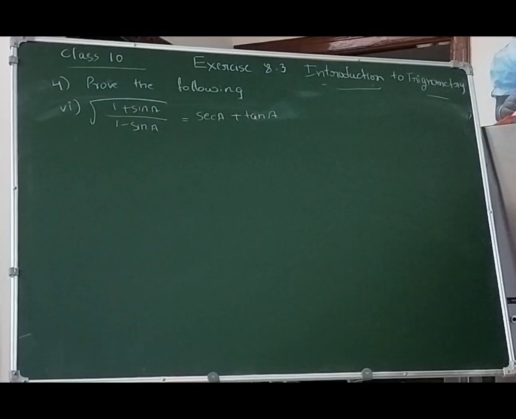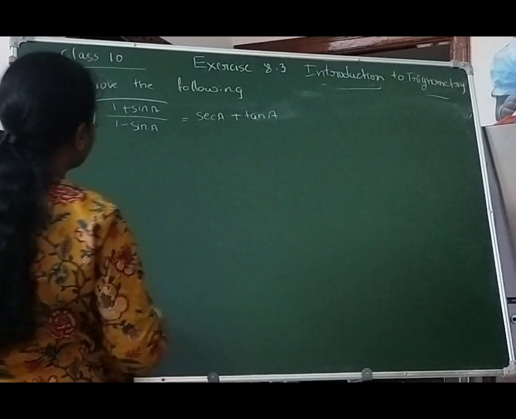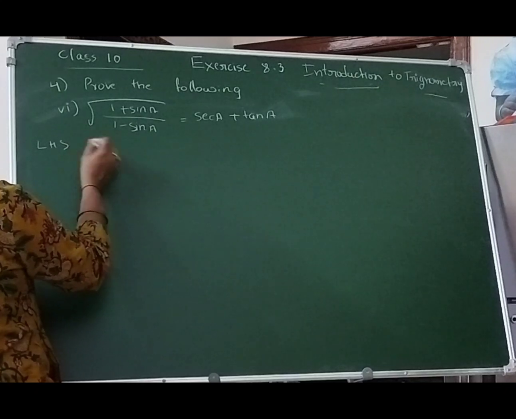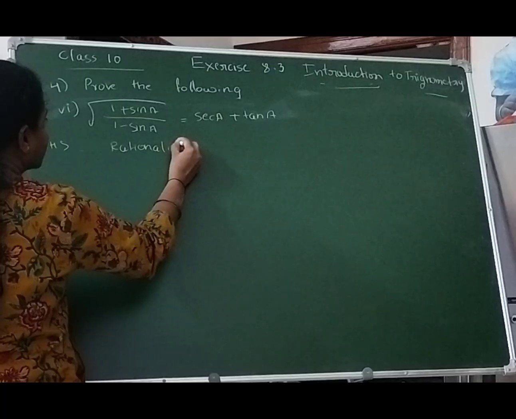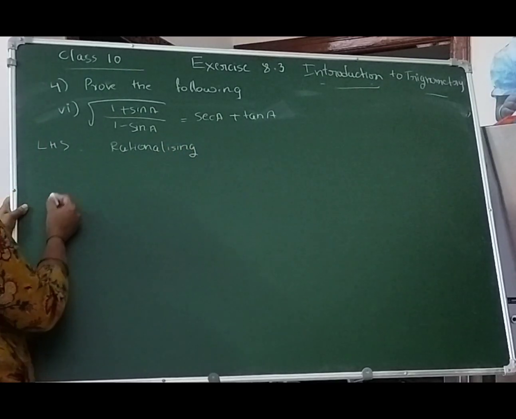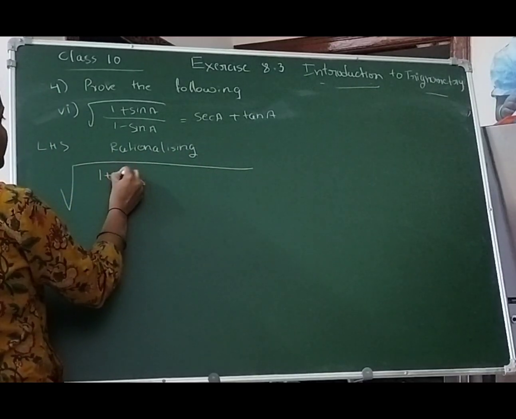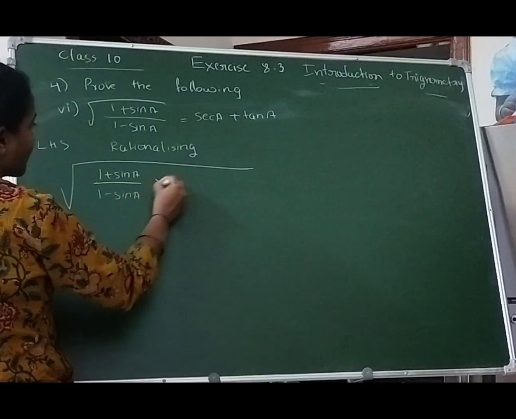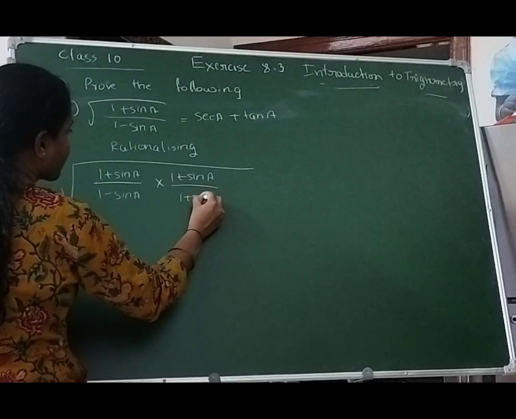Next we'll move to question number 6 in the fourth main, that is √((1 + sin A)/(1 − sin A)) = sec A + tan A. So consider the LHS. To solve this we need to rationalize the equation. So what do we have to do for rationalizing? We have to multiply and divide by 1 + sin A. So it will become √((1 + sin A)(1 + sin A)/((1 − sin A)(1 + sin A))).